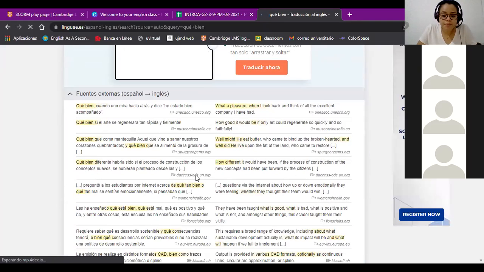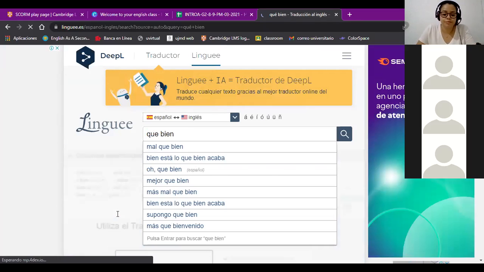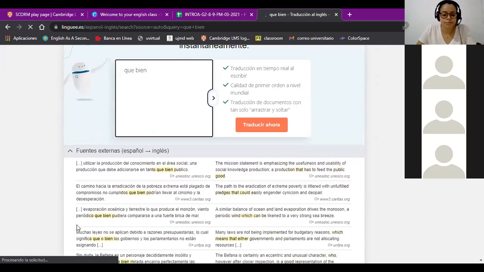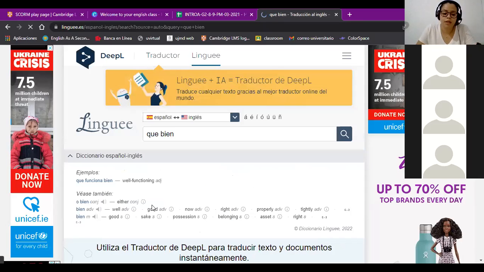Creo que porque lo puse con tilde. Good. We have this expression over here as well. Si no, se van de un solo al traductor también.